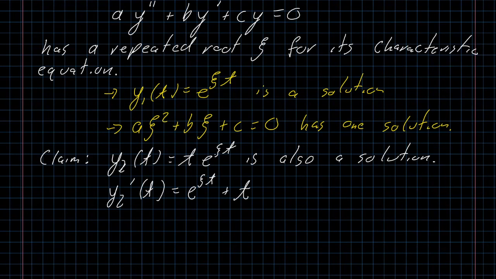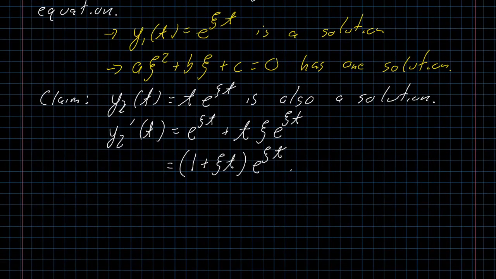The derivative of e to the ct is c times e to the ct. And if I factor out the e to the ct, I get 1 plus ct times e to the ct. All right, that's easy enough.